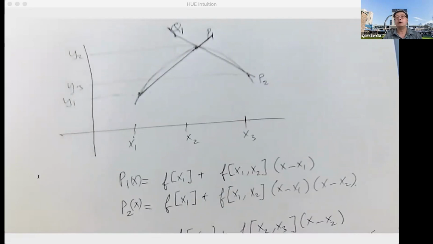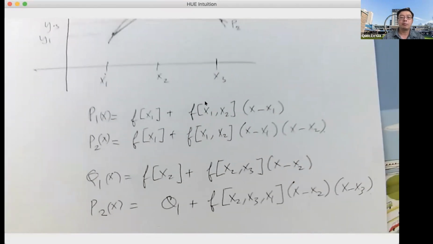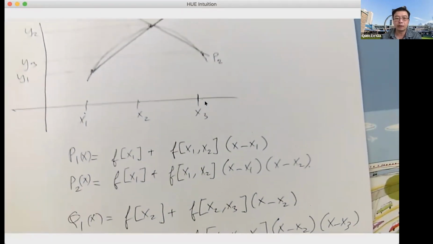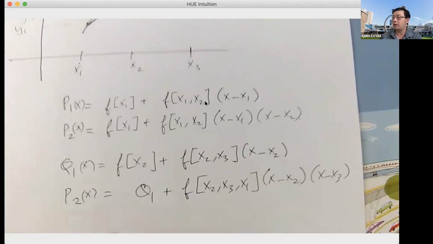Essentially you look at the same curve P2, but from the left you write out two equations, P1 and P2. And if you look from the right, then you write down Q1 and P2. Remember P2 is still a unique polynomial that goes through 3 points. So P2 is now constructed from x2 and x3. That is the slide I want to give you.